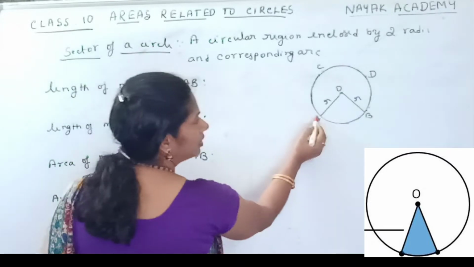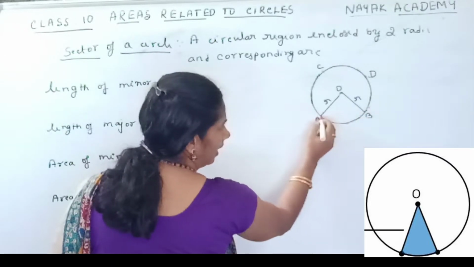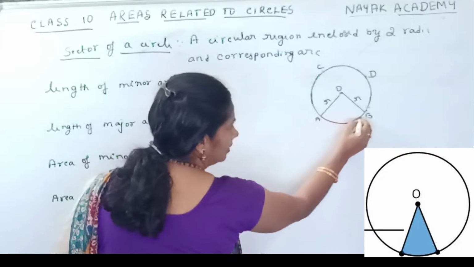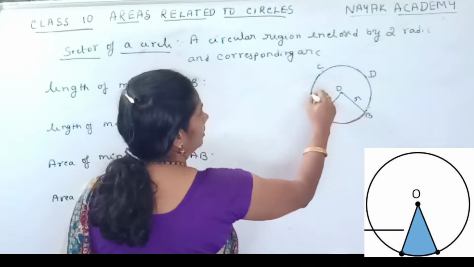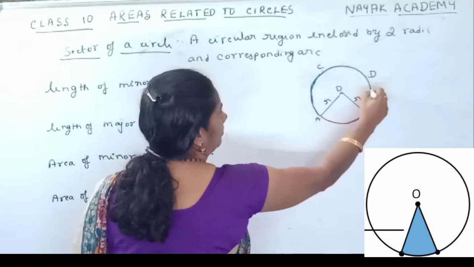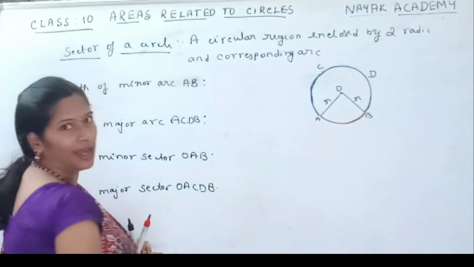There are 2 arcs, children. AB is one arc, it is the minor arc, and ACDB, you can see here, is the major arc.